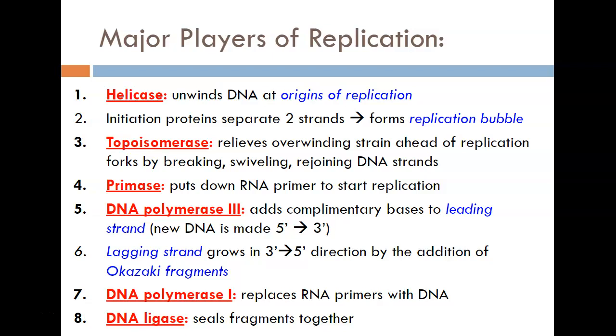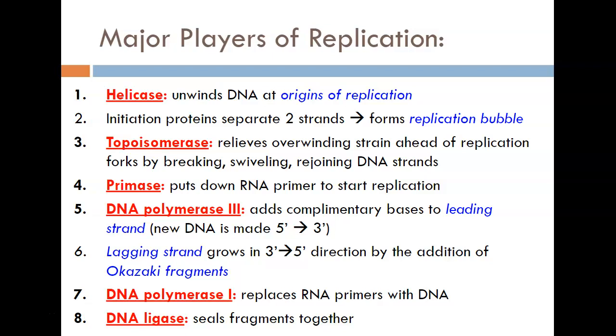Then we have two DNA polymerases coming in. The first is DNA polymerase 3. And really the numbers just have to do with the order in which they were discovered. So it's silly, but 3 was discovered after 1, even though 3 works first. DNA polymerase 3 is basically what we traditionally think about. Polymerase is something that creates a polymer.